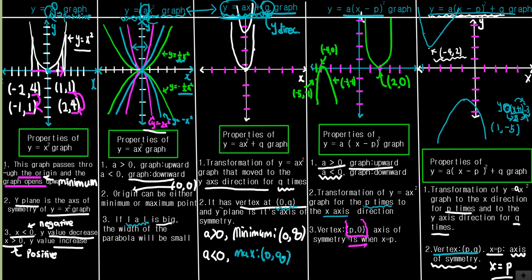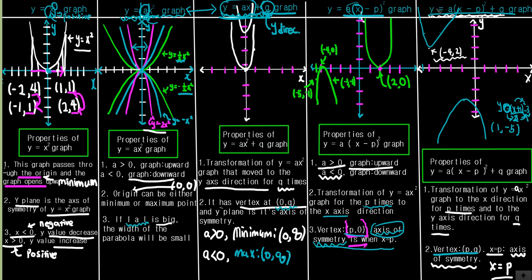And it will have a vertex at p, q, and its axis of symmetry is x is equal to p. And in order to find the value of the axis of symmetry, we also need to remember that it will be the x value which makes this whole expression turn into a 0.